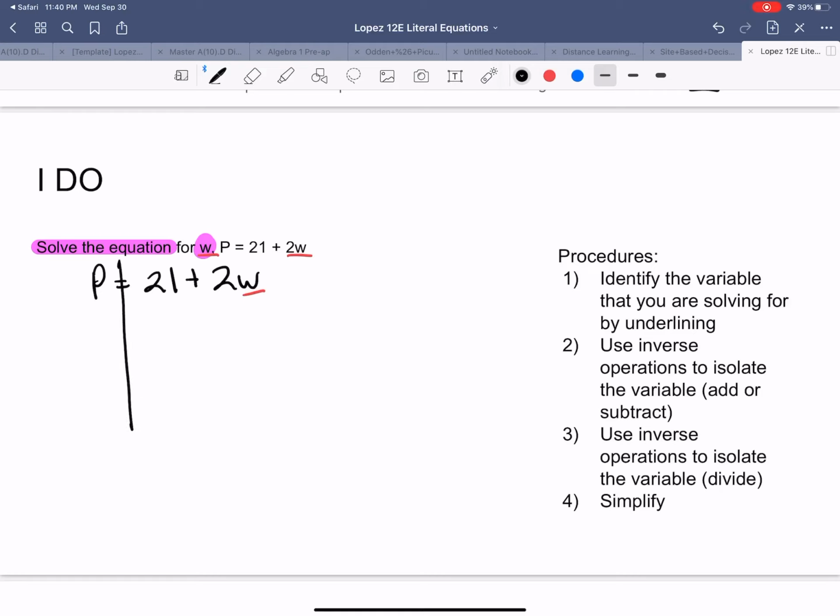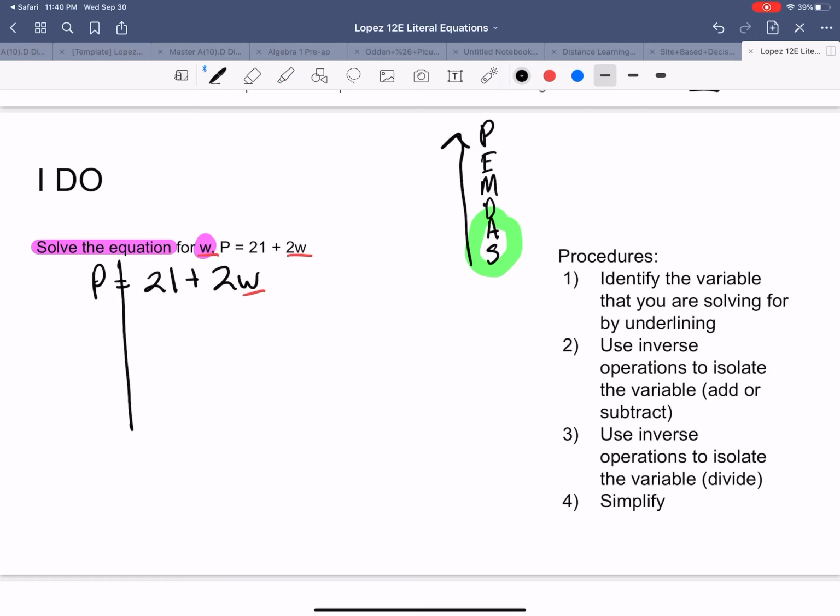And this time I didn't give you your chart, but again, we have PEMDAS, or your order of operations. And you want to work backwards this time. Instead of going forwards, you're going to go backwards. So starting off with addition and subtraction.